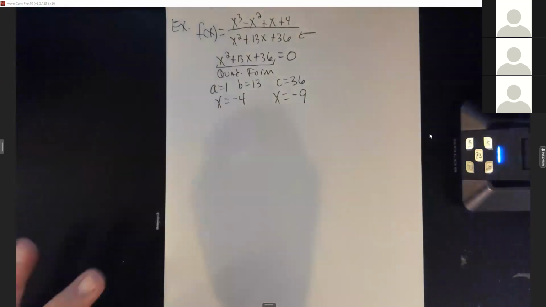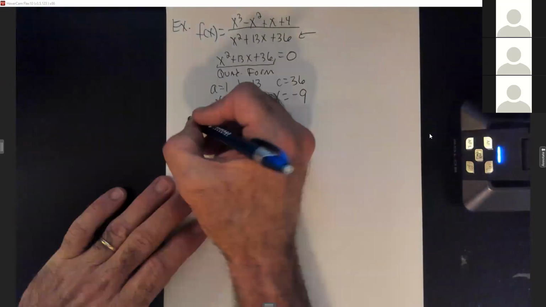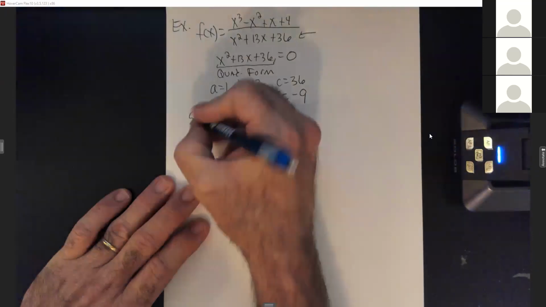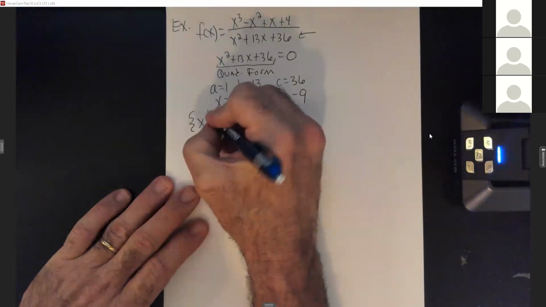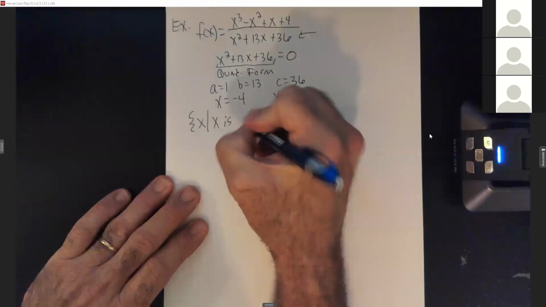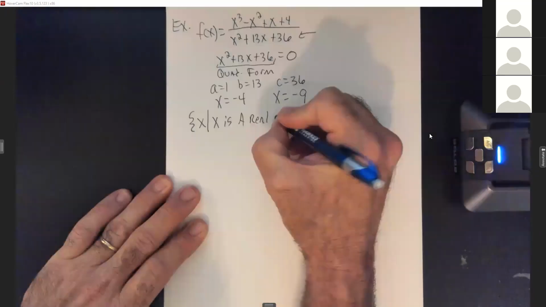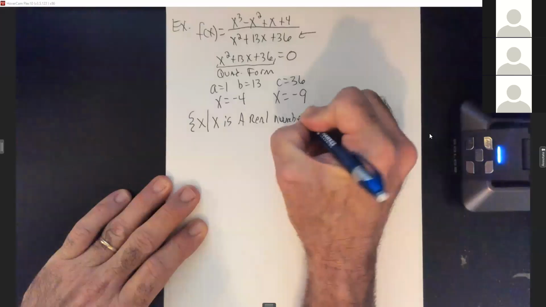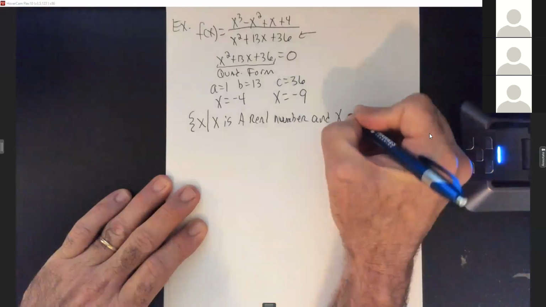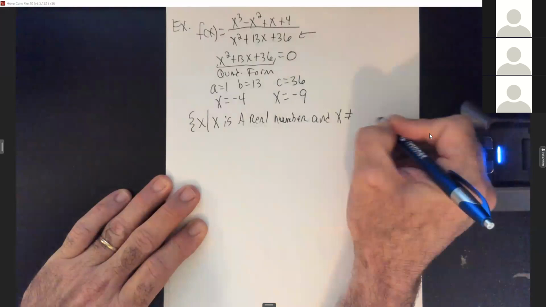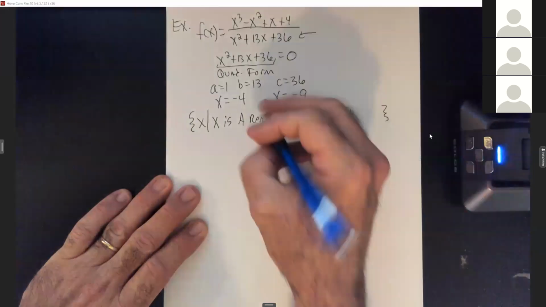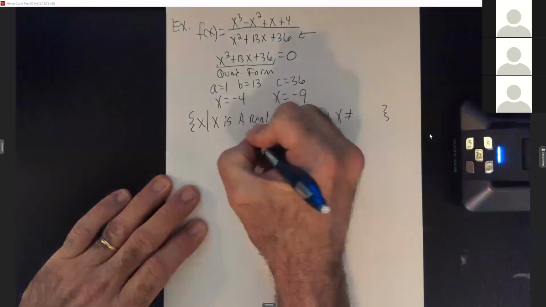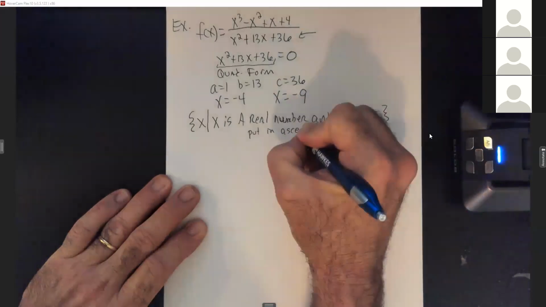Alrighty, now on this answer, they want you to put x such that x is a real number, and x not equal to my two numbers. But y'all, it says put in ascending order.